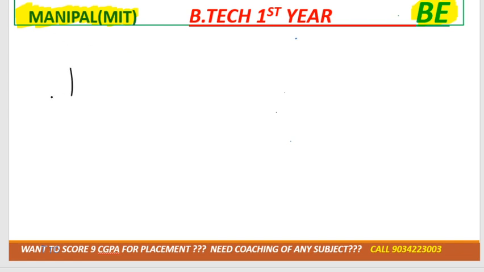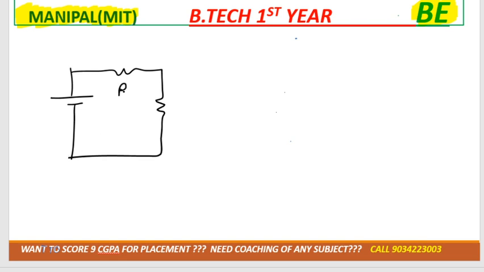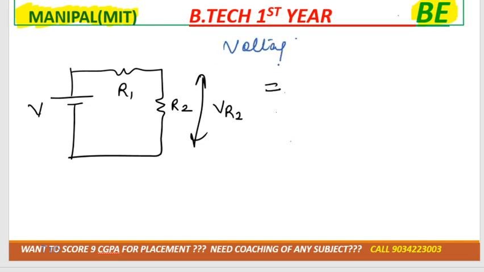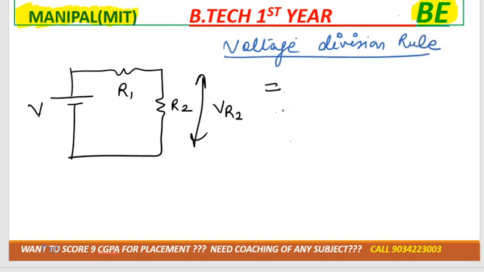Anyway, suppose we have two resistances in series, R1 and R2, and we need to calculate the voltage across R2. So we can use one direct formula, and the name of that formula is the voltage division rule, that you need to use in BET also. Okay, so see what is the formula for VR2? Total voltage.